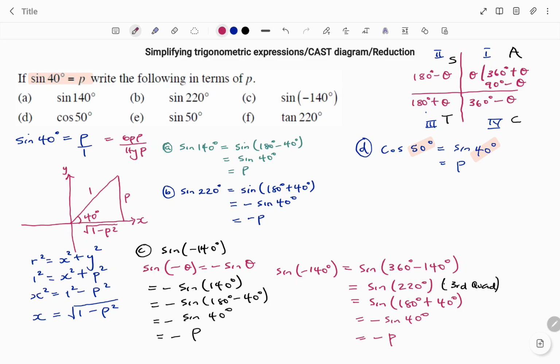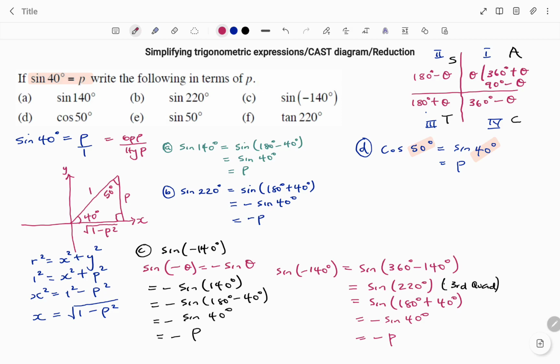That's the first method. The second method is, if I go back to my diagram, this is a right angle, and I know that the sum of angles in a triangle adds up to 180 degrees. So therefore, the angle up here is 50 degrees.